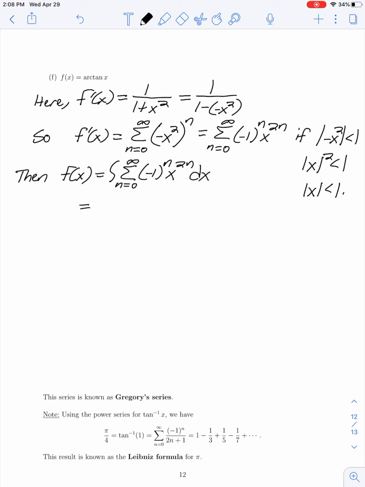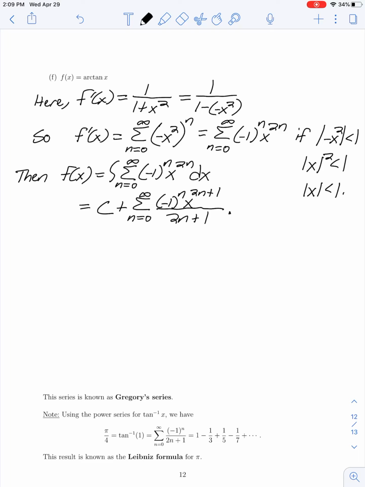So since this is an indefinite integral, I have a constant c plus, integrating term by term, I have the sum from 0 to infinity of negative 1 to the nth, and the antiderivative of x to the 2n will be x to the 2n plus 1 divided by 2n plus 1.